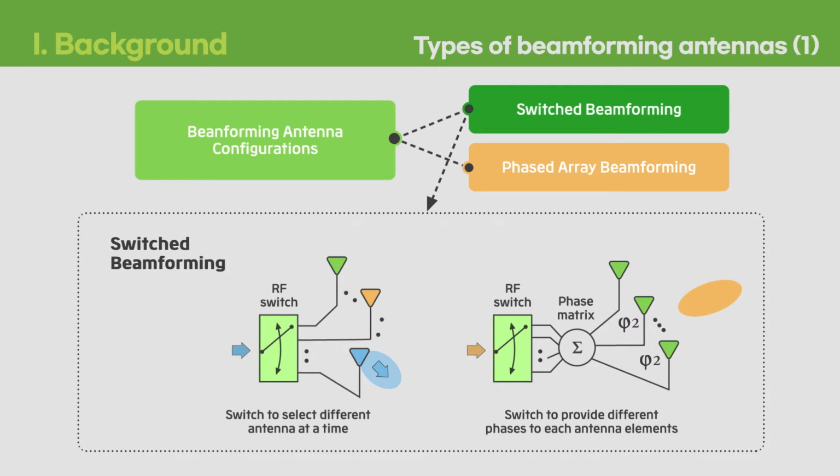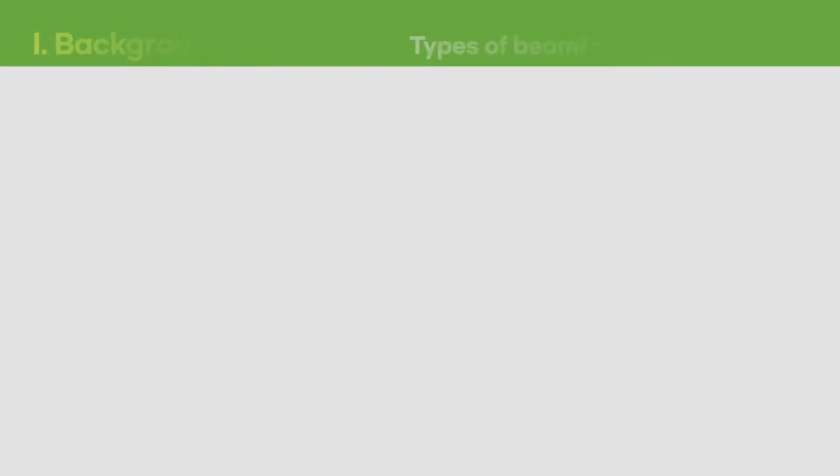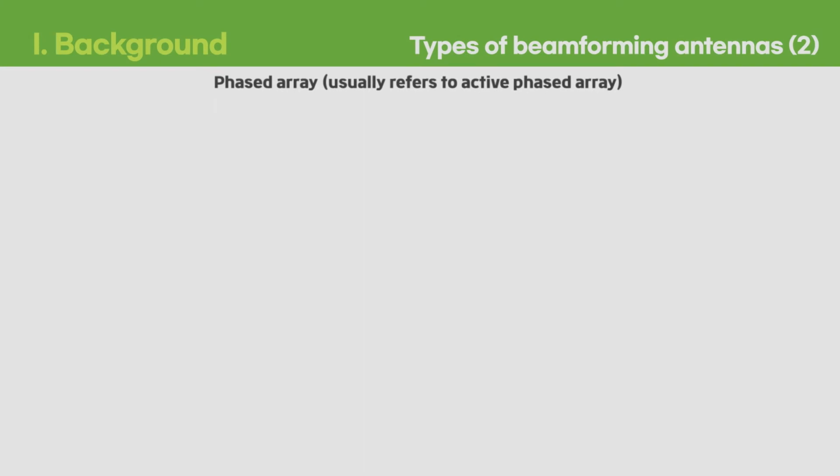Since this video is only providing a basic introduction to phased array beamforming, we will not cover the details of the switched beamforming. From now on in this video, beamforming will be referred to as phased array beamforming.